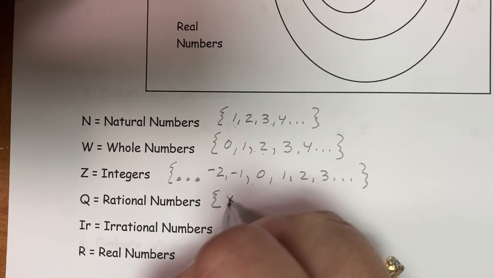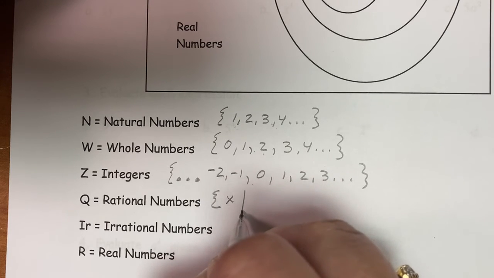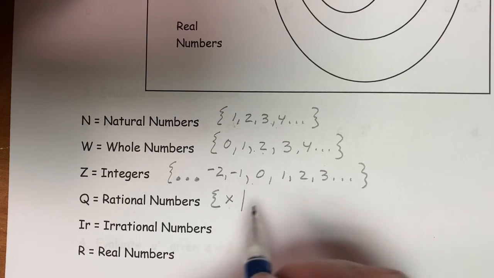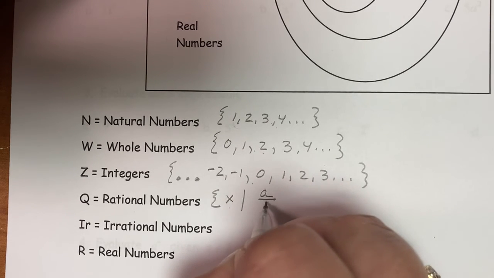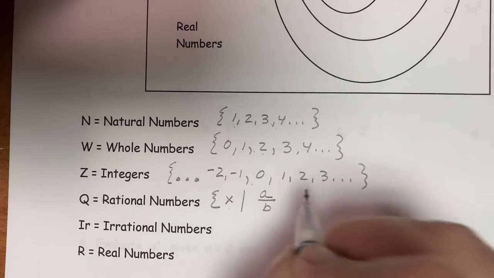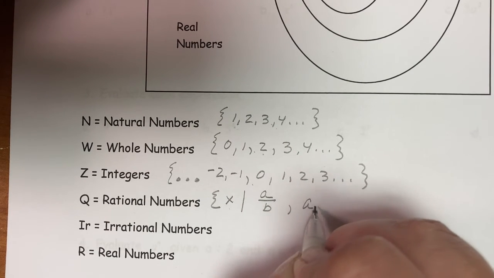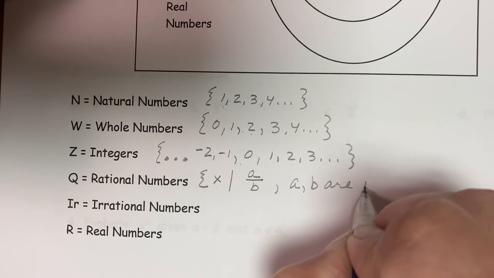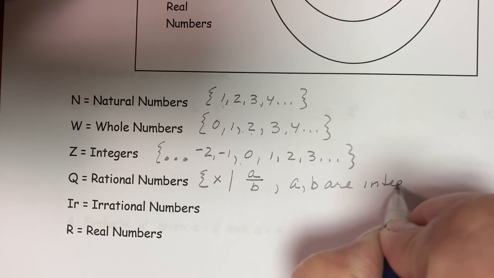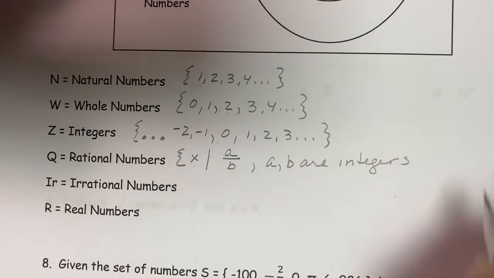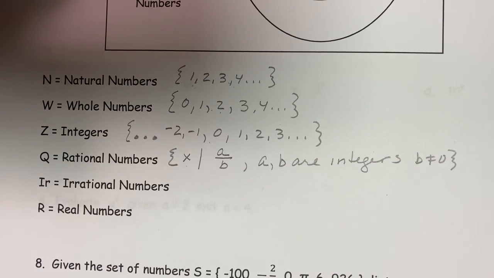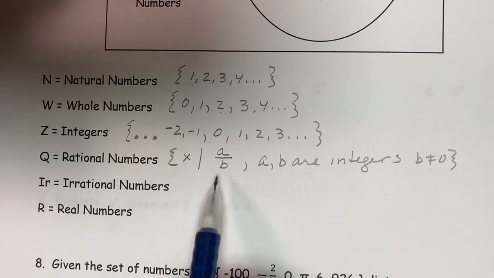So all numbers x such that, so this is a little math speak here, you have a fraction a over b where a and b are integers and, by the way, b cannot equal 0. b cannot equal 0 because, of course, you can't have a 0 in the denominator of the fraction.